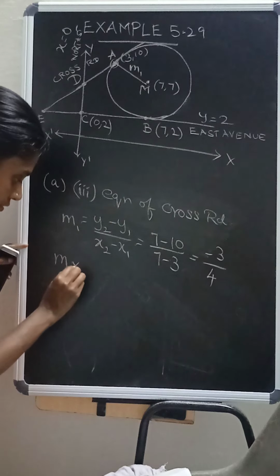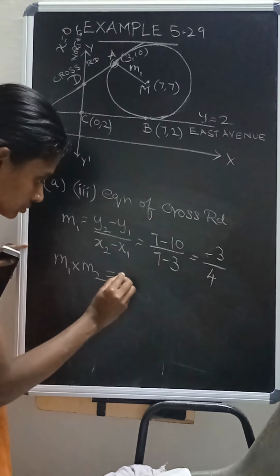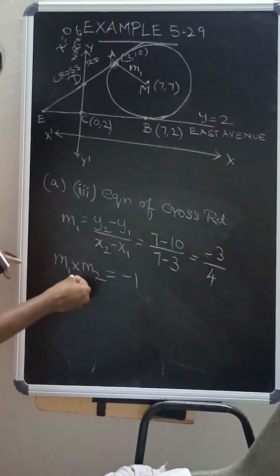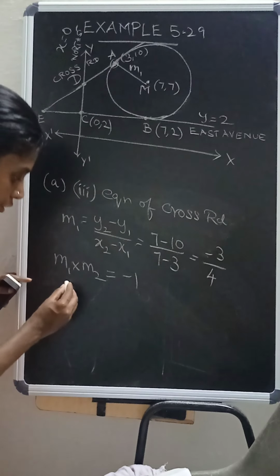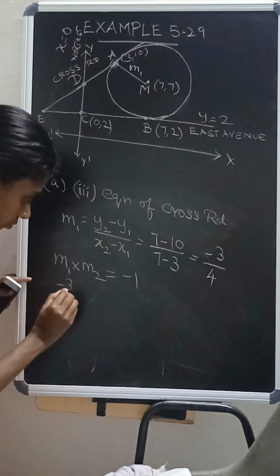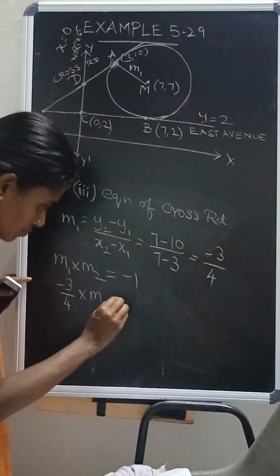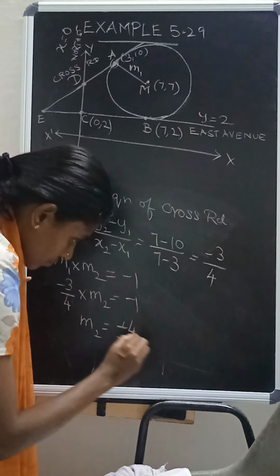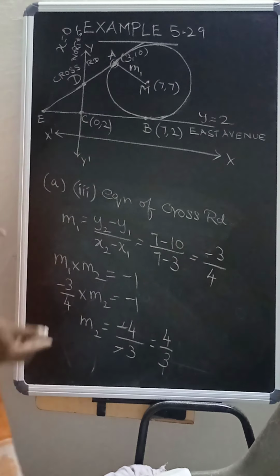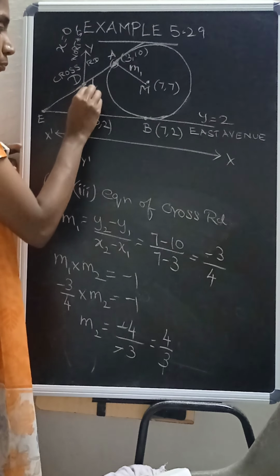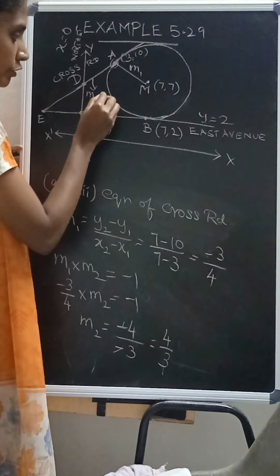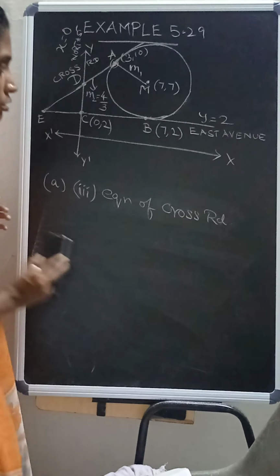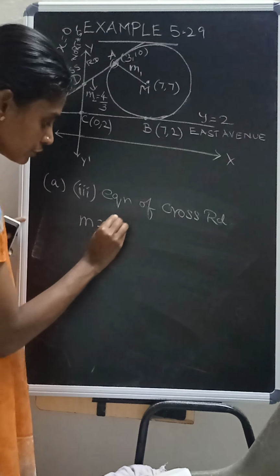Now, since the crossroad and this radius are perpendicular, we use the perpendicular condition, m1 into m2 is equal to minus 1. So now what is the slope of this line AD? 4 by 3.